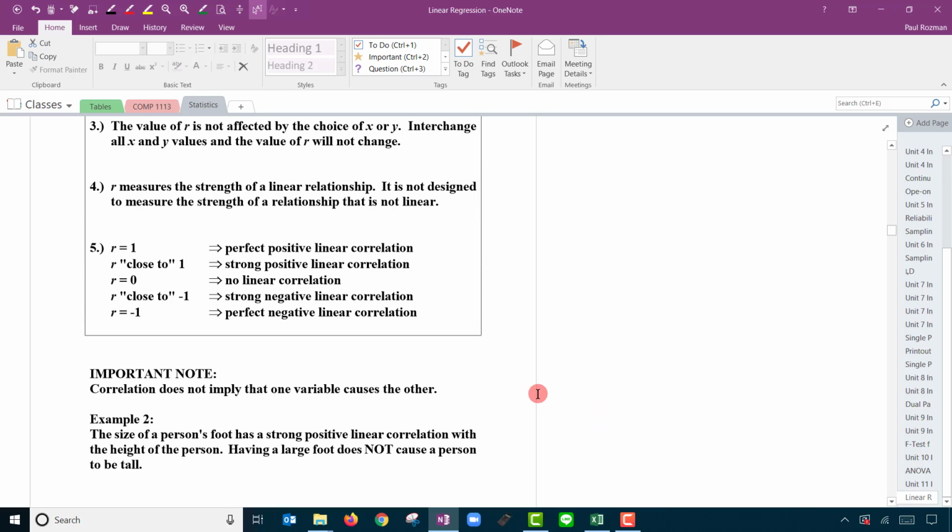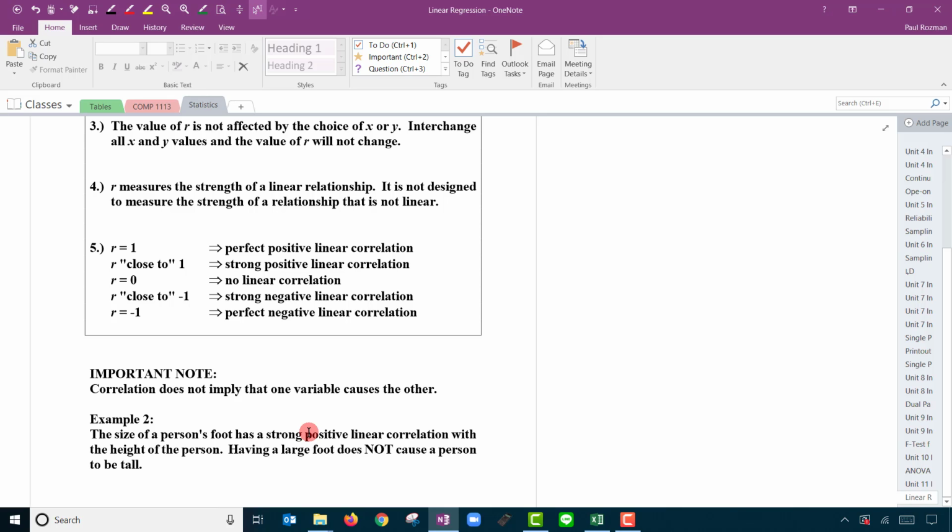We have to pause here to make sure that we don't commit one of the deadly sins of statistics and say that correlation and causation are necessarily the same thing. Just because two variables are correlated doesn't mean that one is necessarily influencing the other.